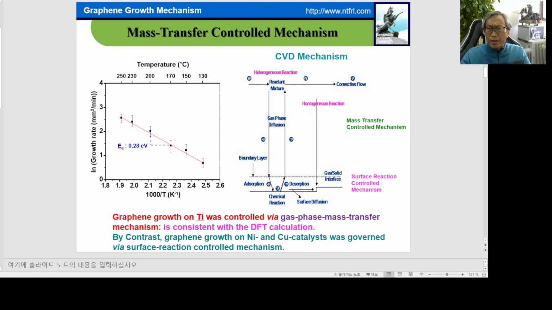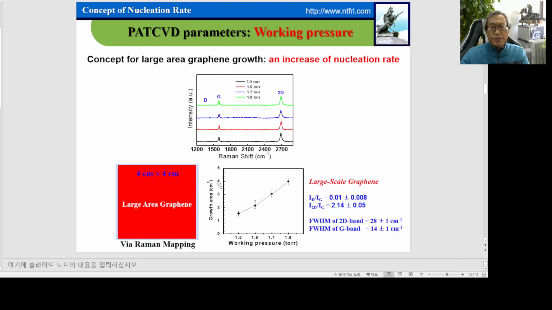In our case, this is a very low activation energy, meaning graphene growth is not sensitive to the temperature variation. In this case, only how much carbon supply there is controls the graphene growth. So in our case, we want to increase the working pressure from 1.5 torr to 1.8 torr.